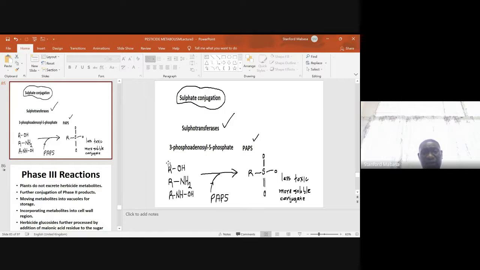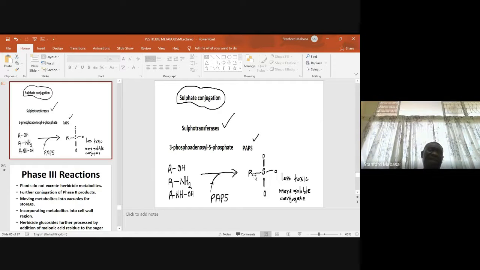It can combine with ROH, or it can combine with RNH2. It can combine with RNH, then OH, and form these structures.